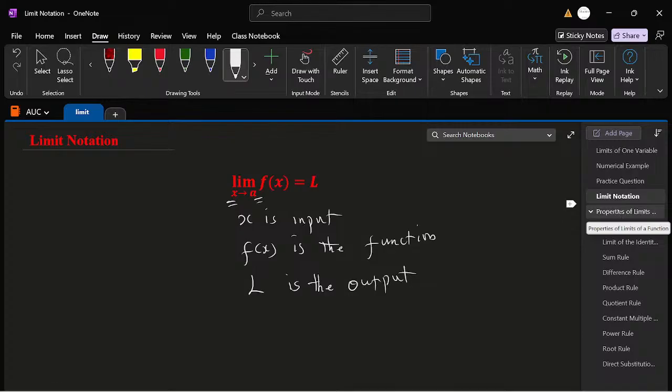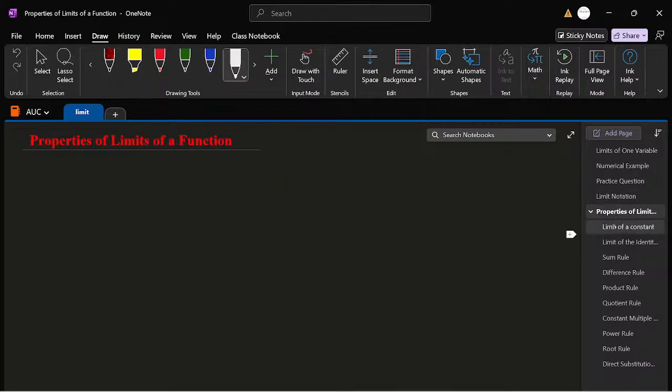So here, the first one will be the limit of a constant. So in this case, once you hear the word constant, it means f of x, the function, is a constant. And how do we denote that?